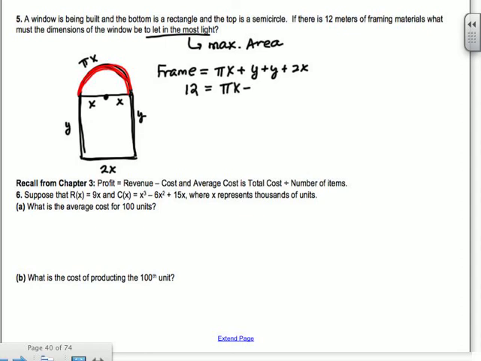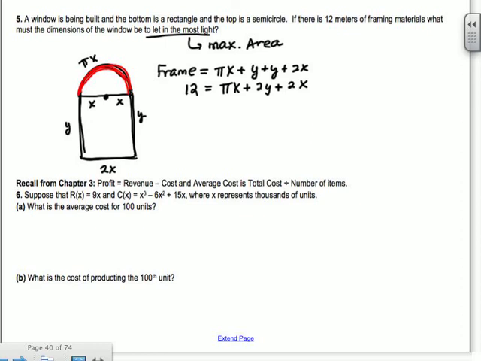So pi x plus 2y plus 2x. Okay, what's my next step? What do I need to do? Yeah, you need to get rid of the y, so you can have everything in x. That way we can take the derivative with respect to x with only one variable. Otherwise, we could do implicit differentiation, right? If we had y's. We'll get to that later. That's called related rates.